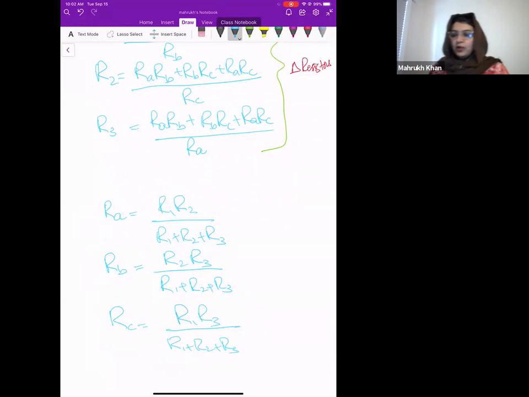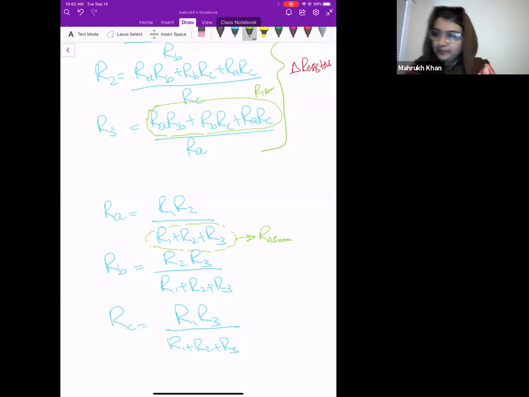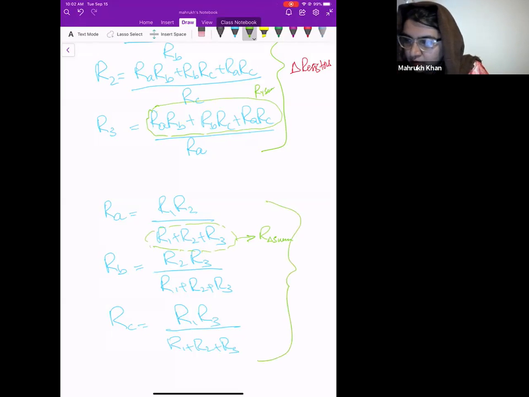You can call this thing the delta sum, right? And you can call this thing the RY sum, just to simplify. So this is your Y resistors.